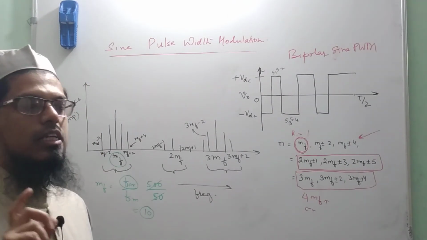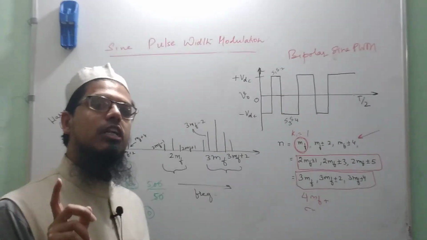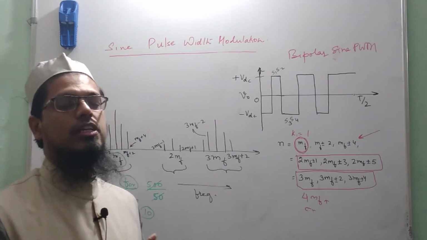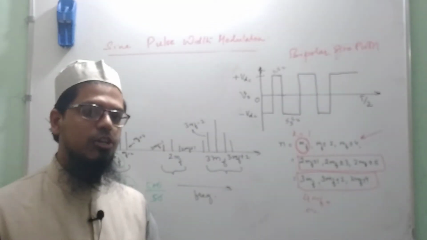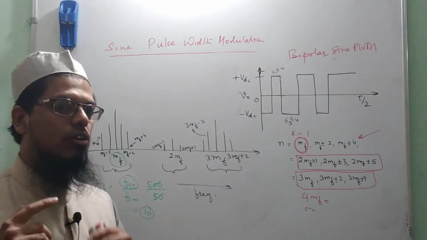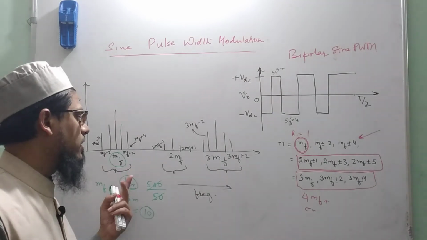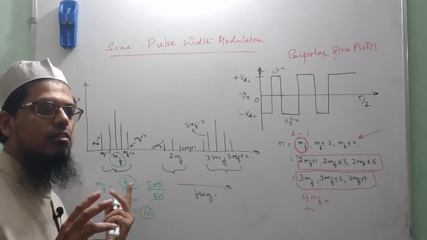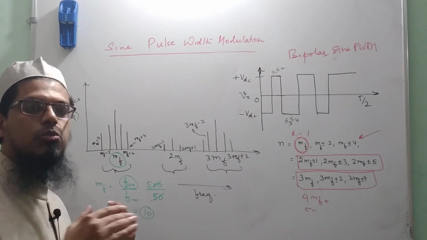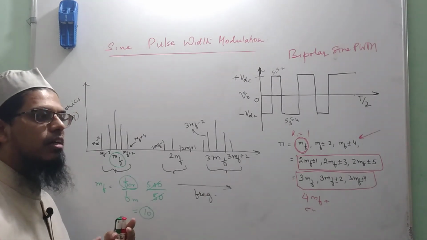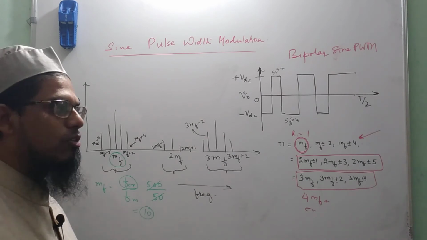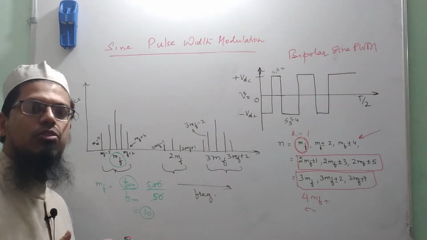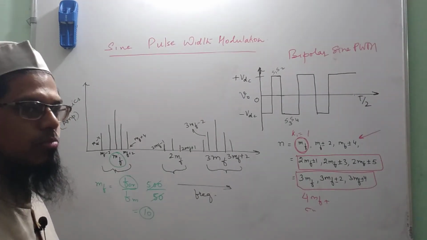Higher switching frequency contributes to switching loss, so the efficiency of the converter will reduce. On one hand, if we increase the FCR, we get a better harmonic profile, but at the cost of lower efficiency. So both have to be taken into account and a suitable design has to be done.